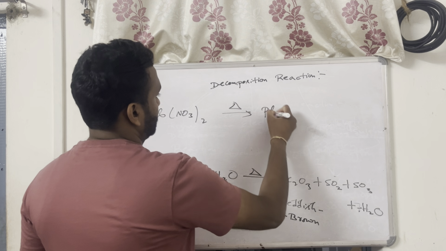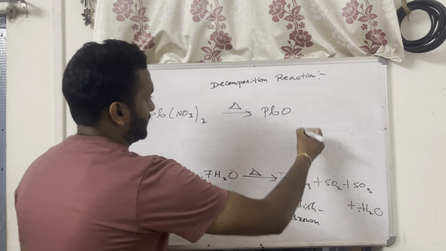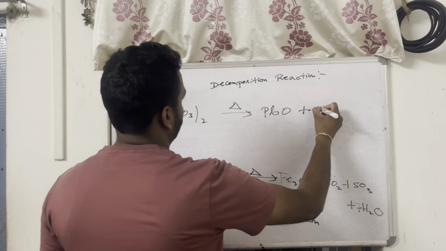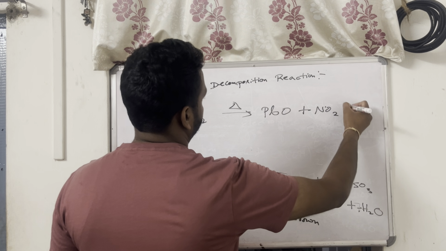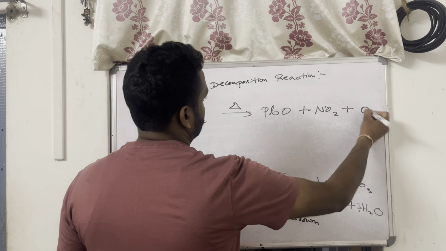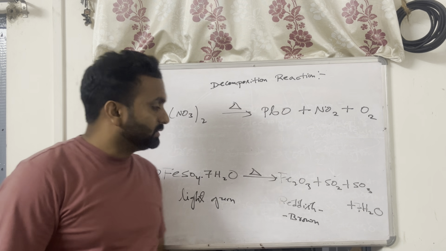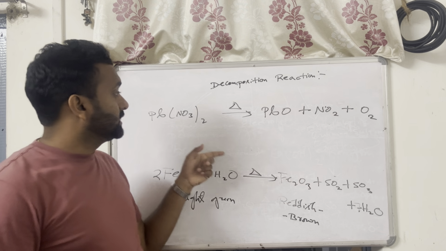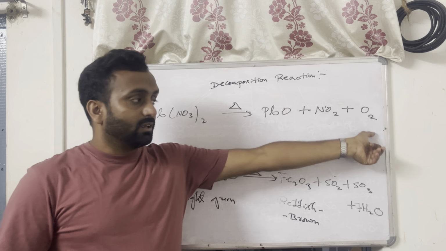We get lead oxide, then nitrogen dioxide, and what else? We get oxygen. So when lead nitrate is heated, we get lead oxide, nitrogen dioxide, and oxygen.